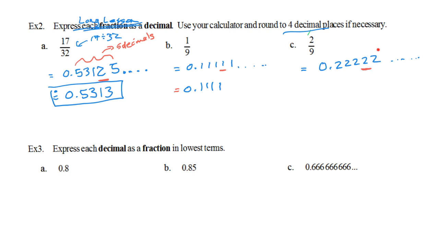Because this number here is less than 5, so 4, 3, 2, 1, or 0, that means the final answer is just this block here. So we just write 0.2222, and there is our final answer.